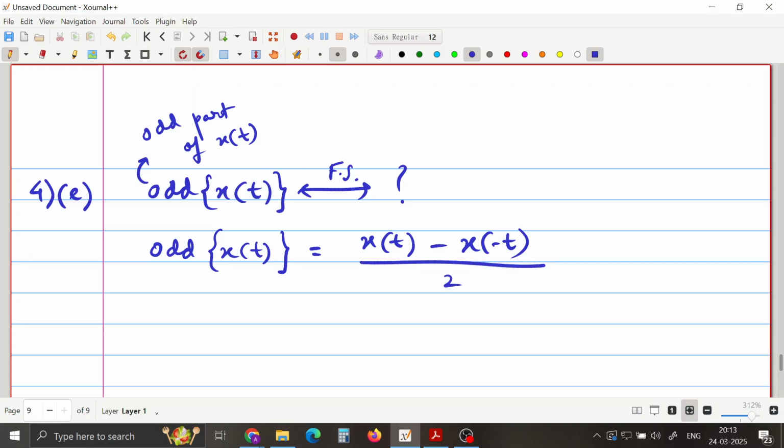Had it been the even part of x of t, then it would have been x of t plus x of minus t, divided by 2. We have looked at these things several times before. In case you are not familiar, I suggest you go back and brush up on those things. So this is the odd part representation of a signal.